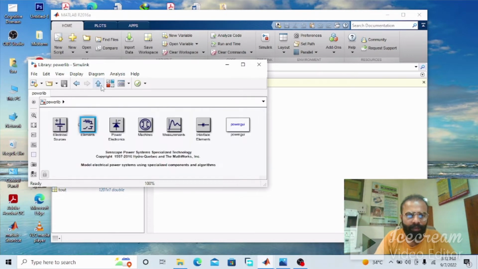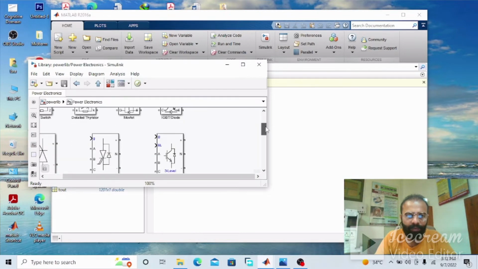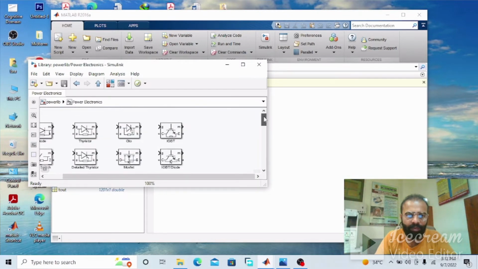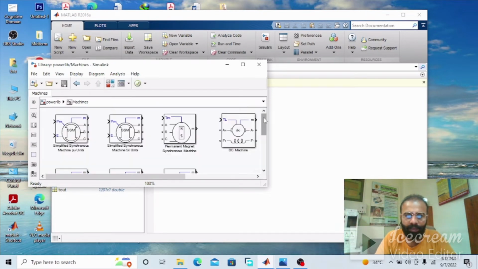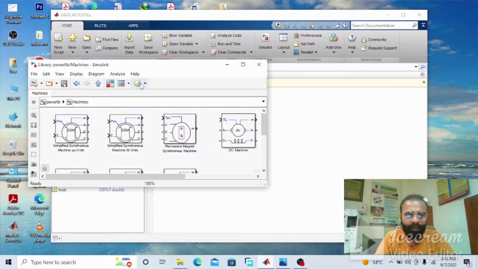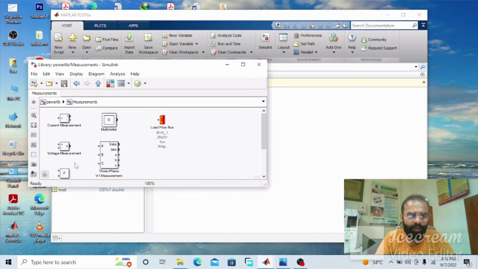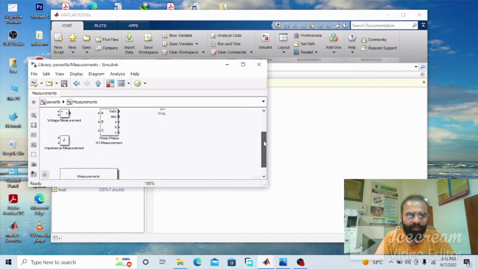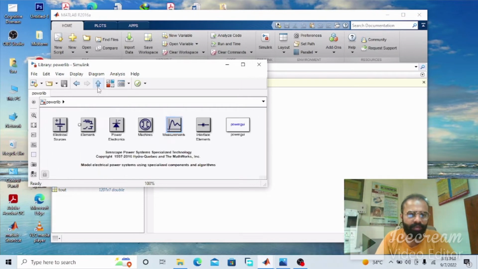And in the power electronics you can find different power electronic converters, IGBT, MOSFETs, and different things. In the machines you will find the synchronous, asynchronous machines, DC machines. And in the measurements you can find the current, voltage, impedance measurement, three-phase voltage and current measurement, power measurement, multimeters.